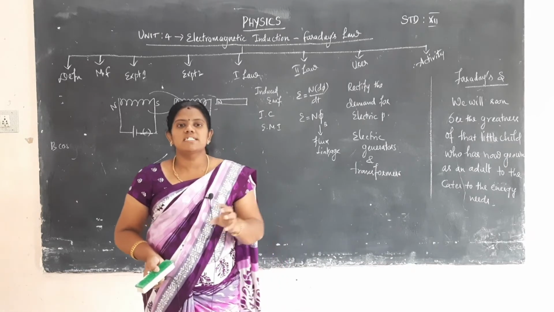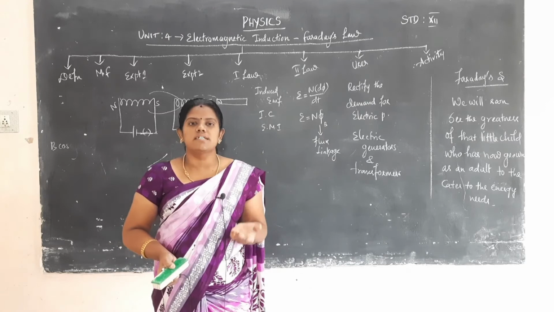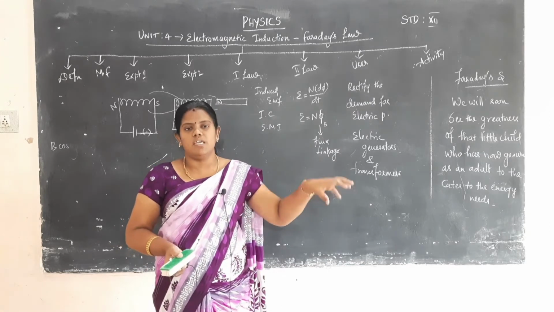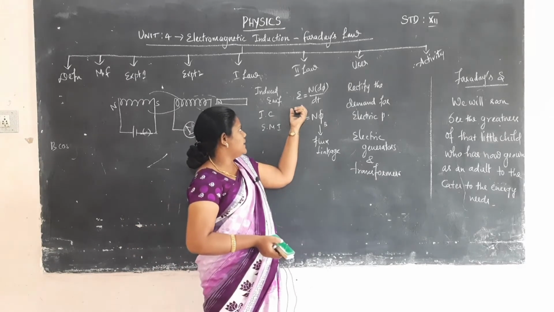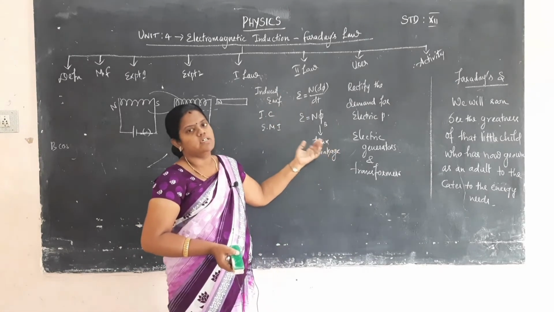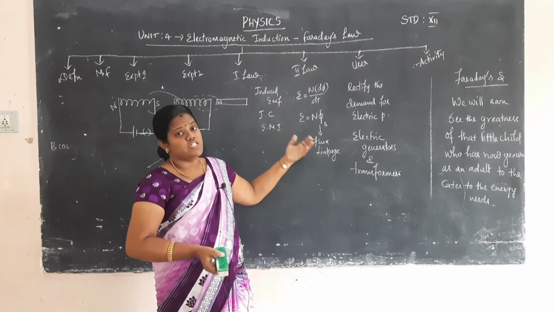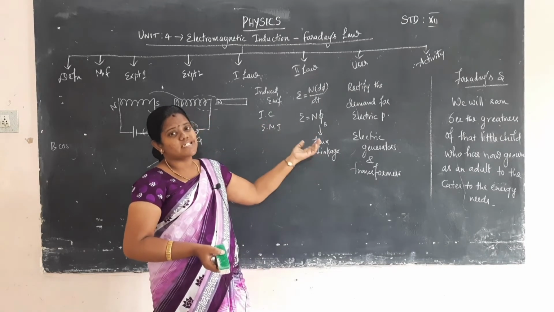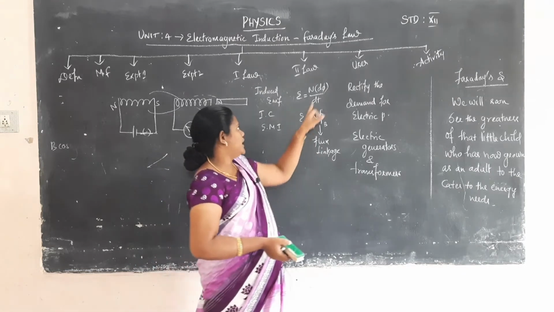The magnetic flux linked with a coil changes at a particular time, and that ratio is equal to the induced EMF. So induced EMF is equal to the time rate of change of magnetic flux linked with the coil, d phi by dt.